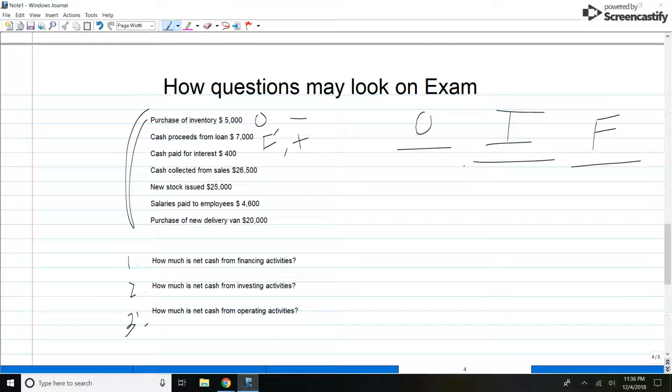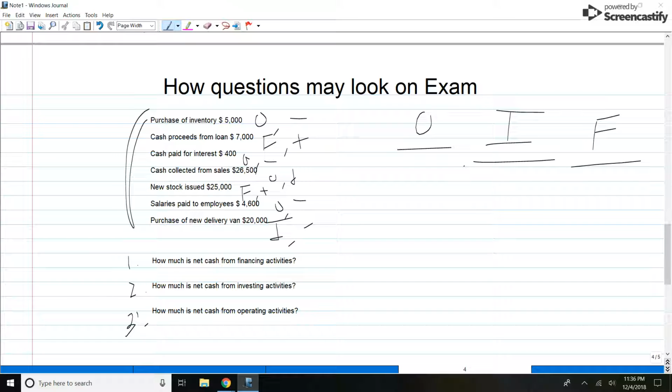Cash paid for interest is operating, because remember interest expense, down. Cash collected from sales, operating, plus. New stock issued, financing, plus. Salaries paid to employees, operating, minus. And purchase of a new delivery van, investing, minus.